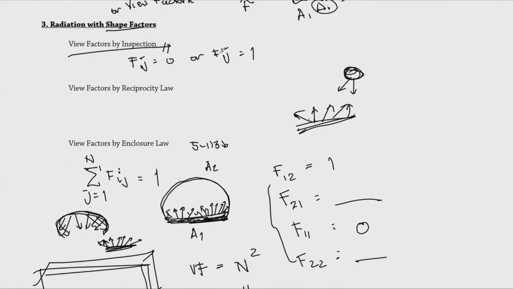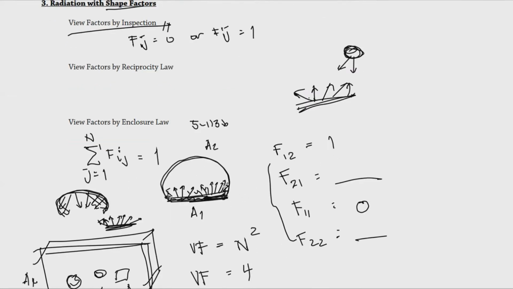We have the inspection, where we could just look at the incident rays and try to imagine an eye on that plane, let's say surface. If you couldn't see yourself at that region, then that will be 0. But if you can see all of the other object, then that will be 1.